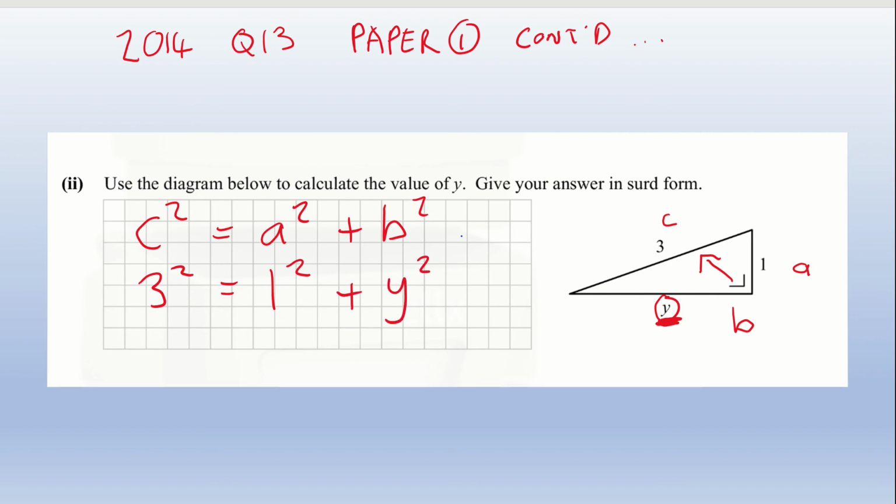Now be very, very careful there. Once you get to here, it's just your algebra being tested from then on. But what some people do, and it breaks my heart, is they'd say, oh, I've gotten a right angle triangle, I've gotten my 3, my 1 and my y, I'm going to say that y squared is equal to 3 squared plus 1 squared. But y here, it's not your hypotenuse.